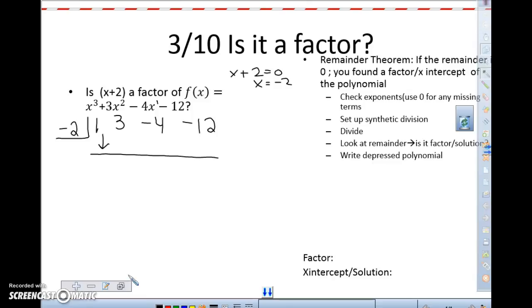All right, get your synthetic division set up, please. So we bring down the first number, and then we multiply 1 times -2. Then we're going to add these together.